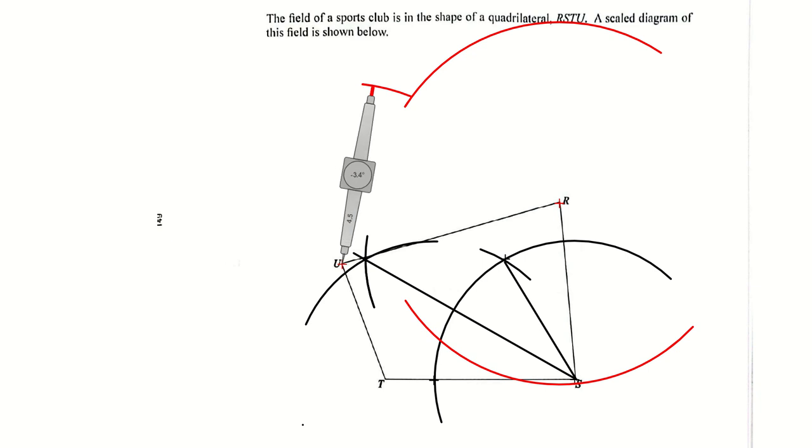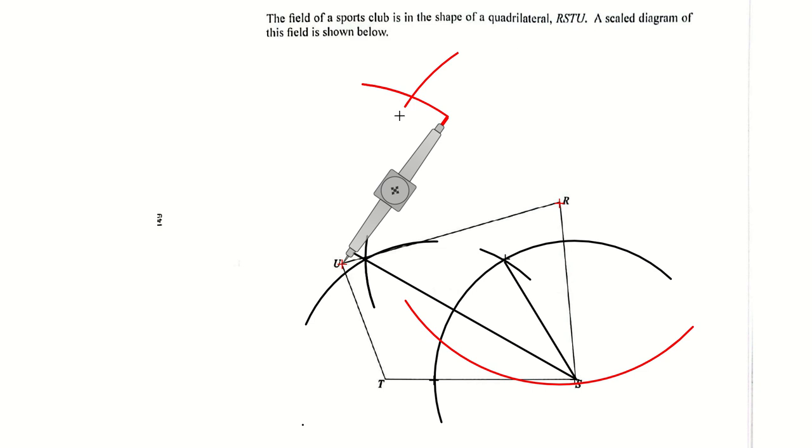So honestly, I don't even need all of this. I could probably erase it, because all is not necessary. What is necessary is where they intersect, right? And then I'm going to create an arc below. That is right here.